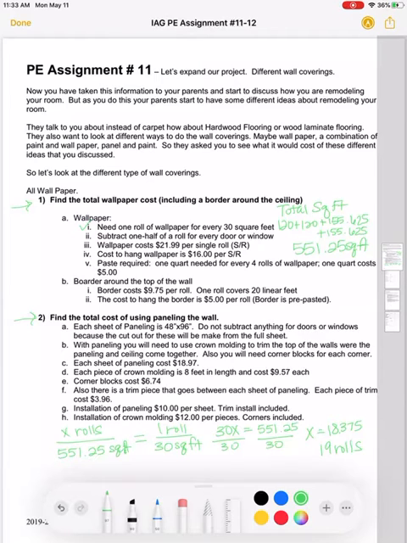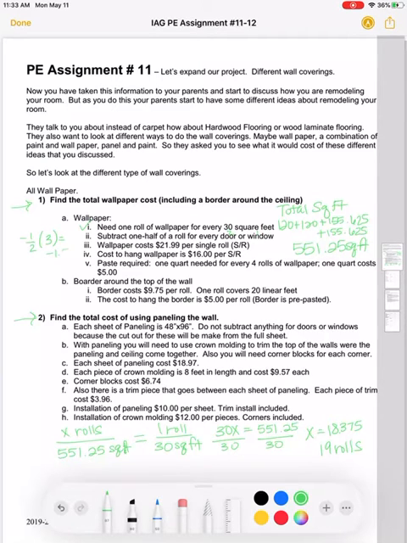Roman numeral 2 says subtract 1/2 of a roll for every door or window in your bedroom. In my bedroom, I have 2 doors and 1 very large window, but it does not say anything about the size of my window, so I have 3. So we're going to do negative 1/2 for every door or window. So 2 plus 1 is 3.